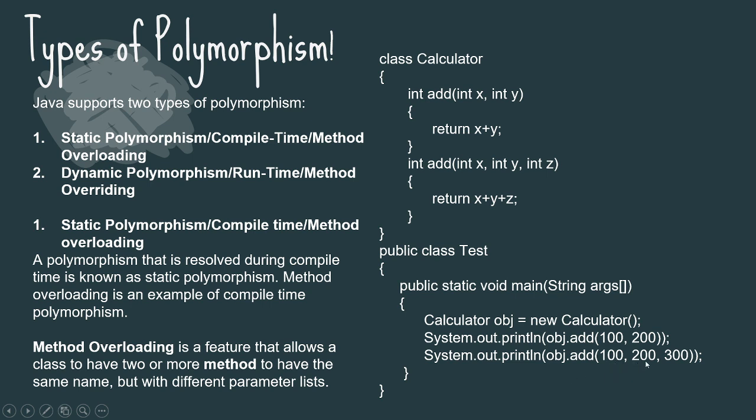Three values are passed with the help of the object of the Calculator class, obj, using the dot operator. So this is static polymorphism, which we can say is compile-time polymorphism or method overloading. Method overloading means the method names are the same but their parameters are different.